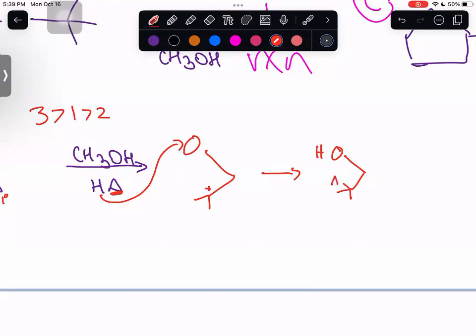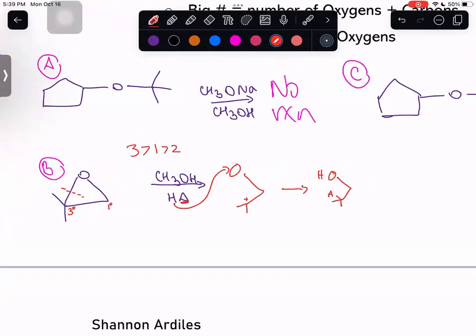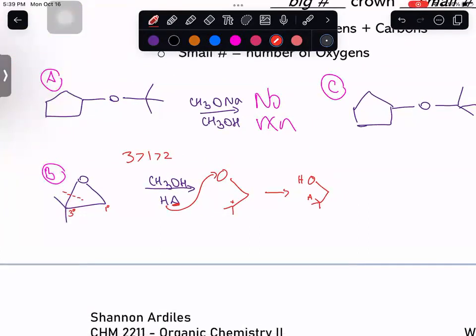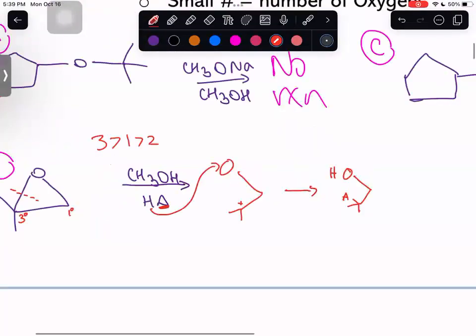Yeah, that's just my handwriting. Instead of the A, it's going to be a specific group. HA is just indicating that you're doing an acid cleavage.